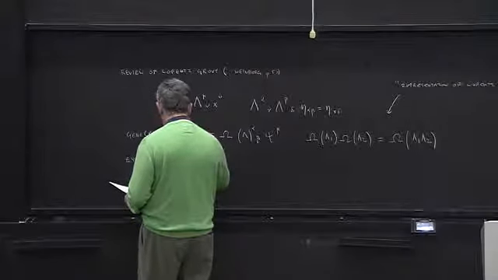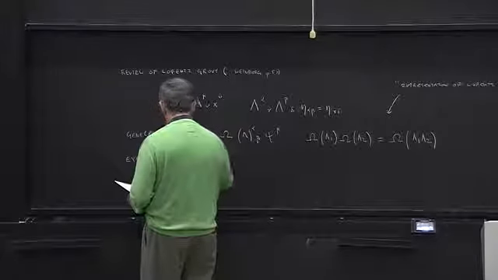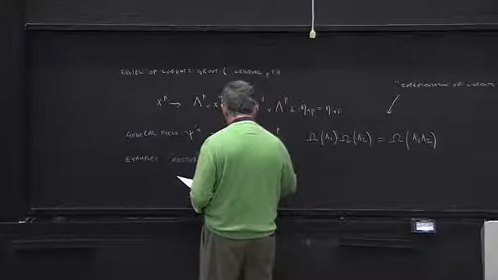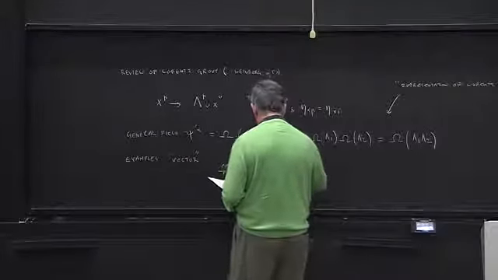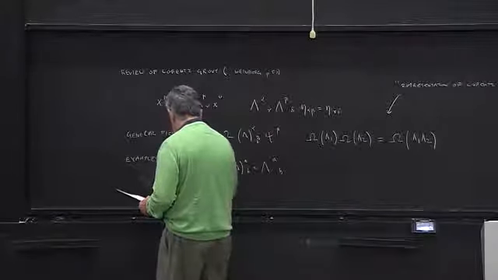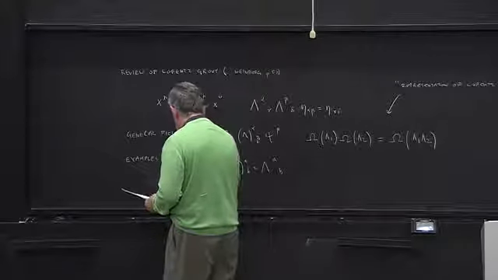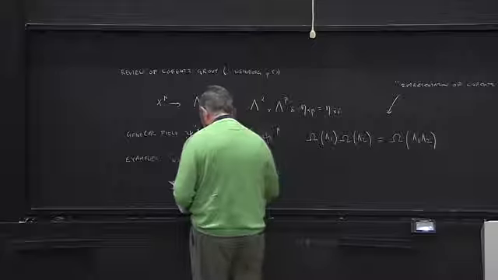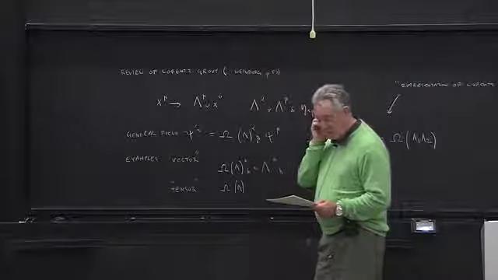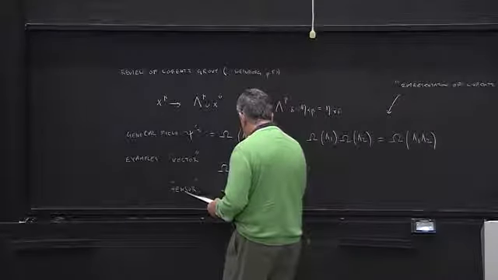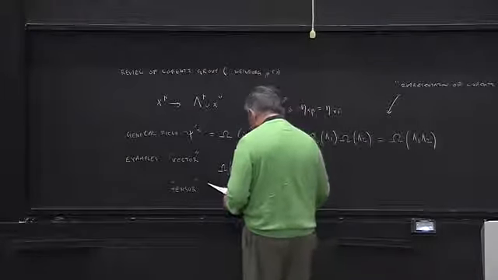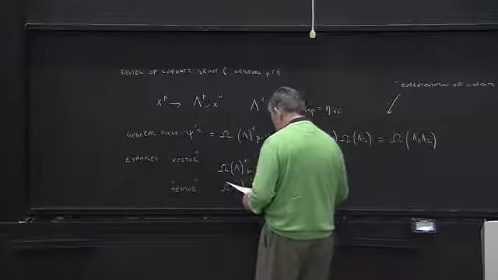A vector representation is one where Ω is Λ itself. And a tensor: this abstract index α stands now for two indices, CD, AB, and Ω is Λ_CA Λ_DB.